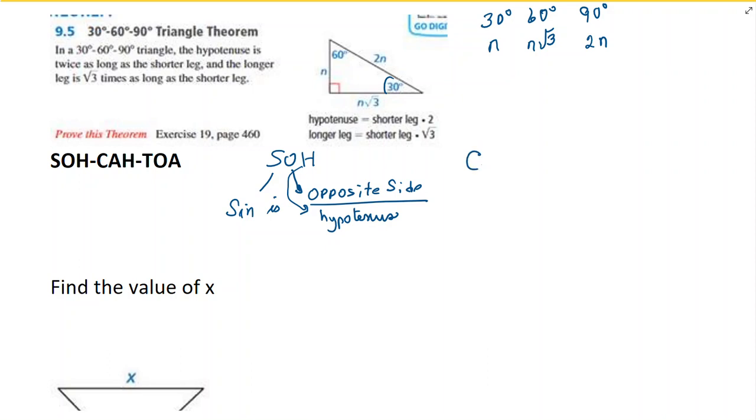CAH is cosine, adjacent side over hypotenuse.